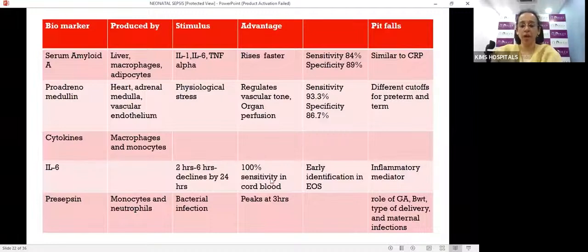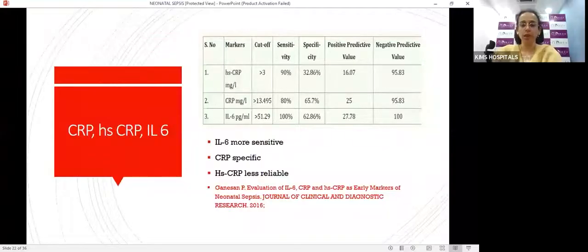And its sensitivity is very good in cord blood, which makes it advantageous for early identification in early onset sepsis. There is another new molecule called presepsin, which is produced by monocytes and neutrophils. It also rises in response to bacterial infection, peaks at 3 hours, but it is also dependent on the gestational age, birth weight, type of delivery, and maternal infections.